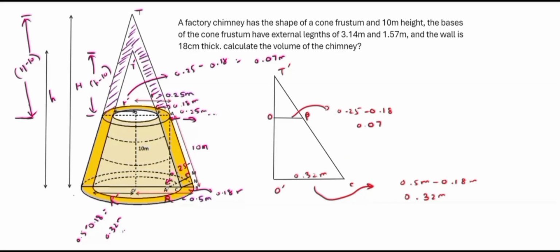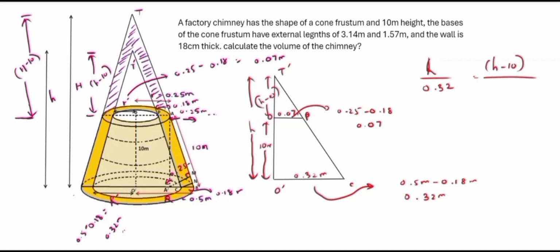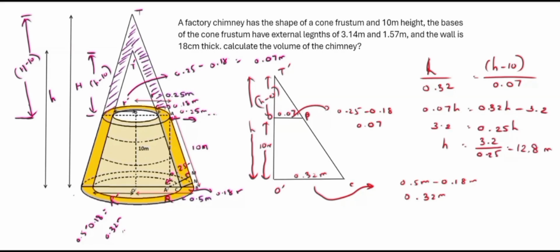It is 0.25 minus 0.18. OB is equal to 0.07 meters. As previous, small h over 0.32 is equal to small h minus 10 over 0.07. Small h is equal to 12.8 meters.